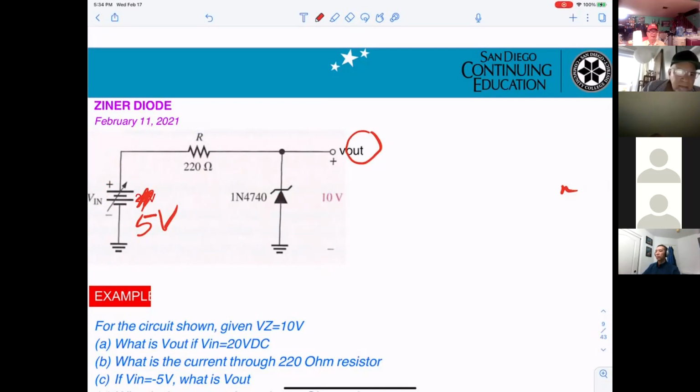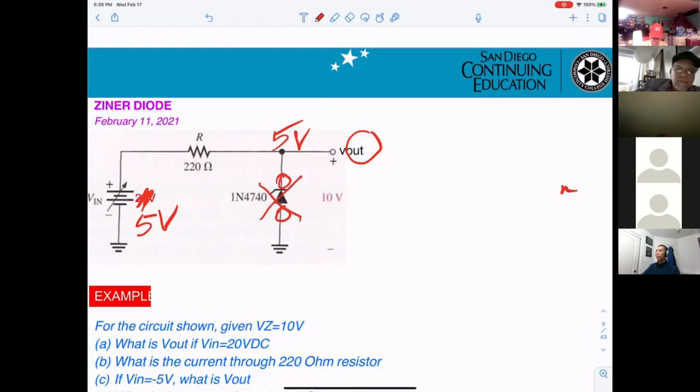If you get 5 volts here, they cannot be normal working. In this case, it will be open. Open means nothing here.